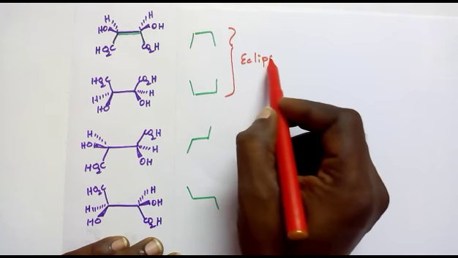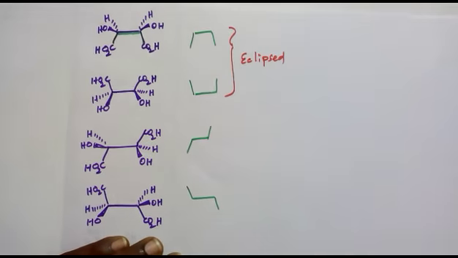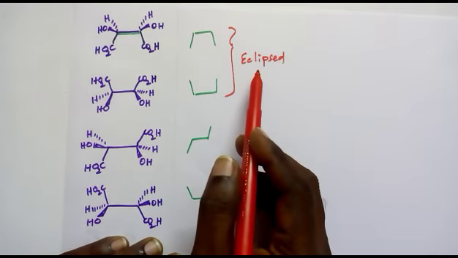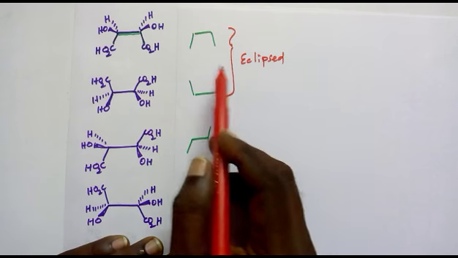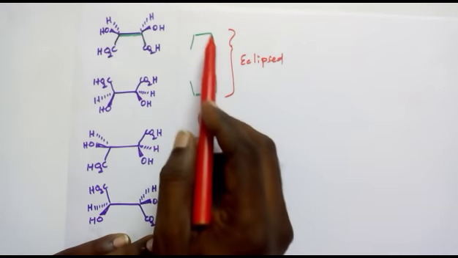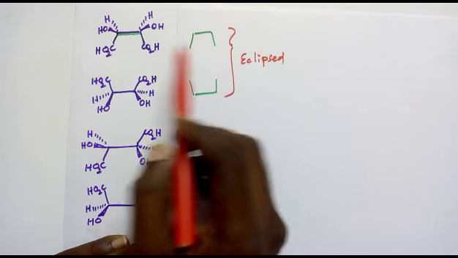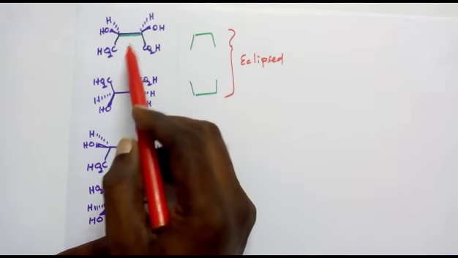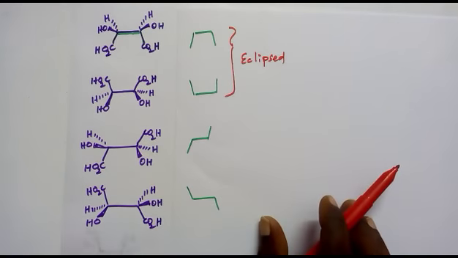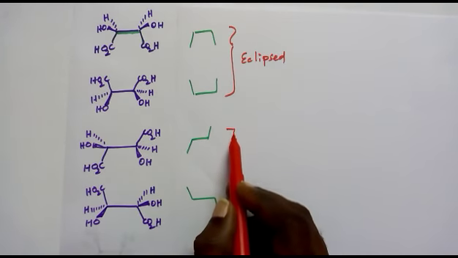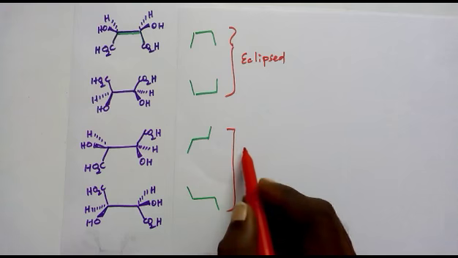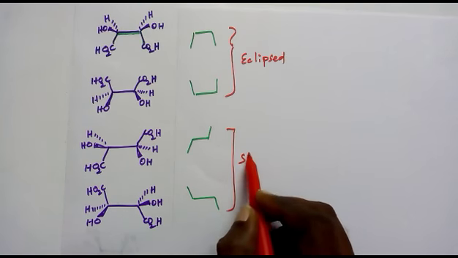Remember, they represent the eclipsed conformation. If we get the bonds on the paper like a stool, you can understand that the molecule's conformation is eclipsed. And look at these two, the chair-like bonds, they represent staggered conformation.